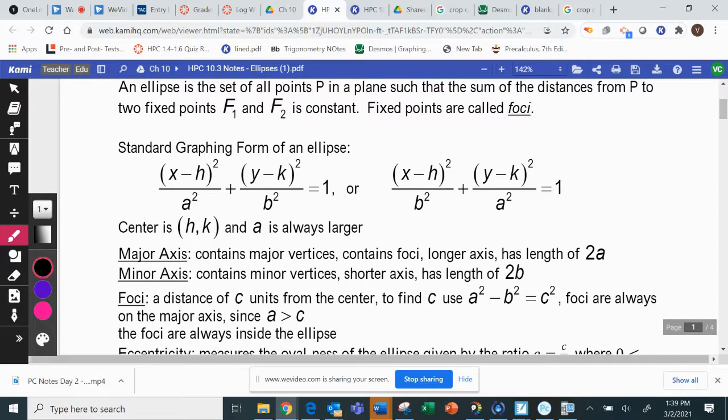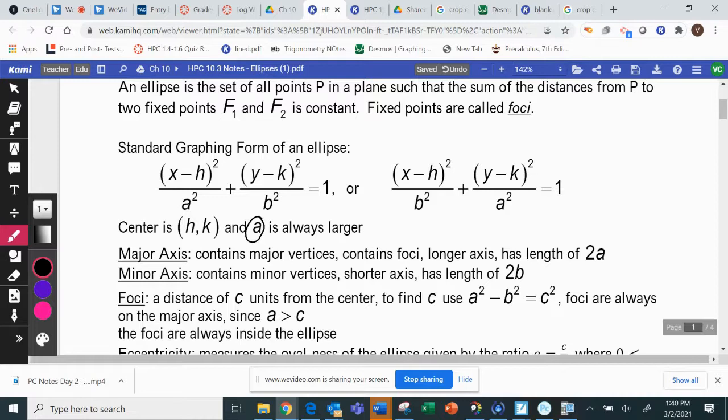But it's hard to explain without throwing in some variables to start. In each of these, A is just going to be the larger number. In the first one, the larger number is under the x squared. In the second one, the larger number is under the y squared. That's what determines what A or B is. The bigger one's A.